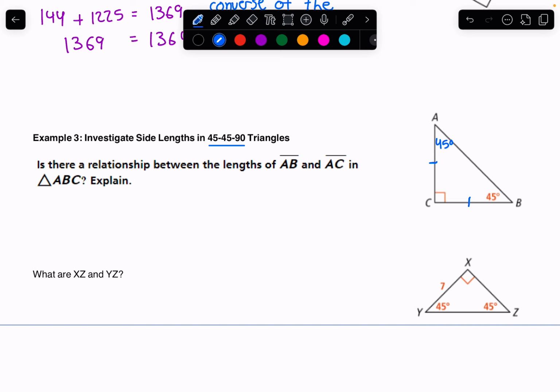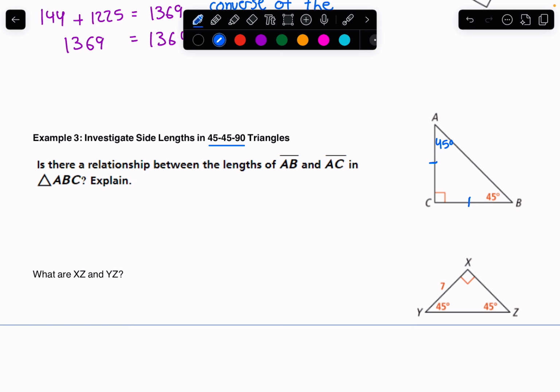Because of that, we don't want to have to do the Pythagorean theorem every single time to find the side lengths. Instead, we can find a shortcut way where if we know one side of a 45, 45, 90 triangle, we can use it to find the other two sides with a relationship that we already know.